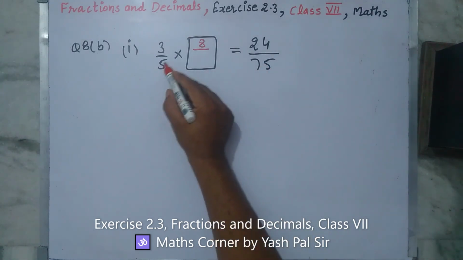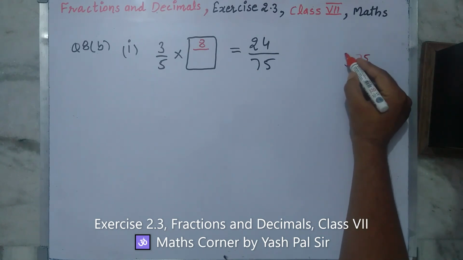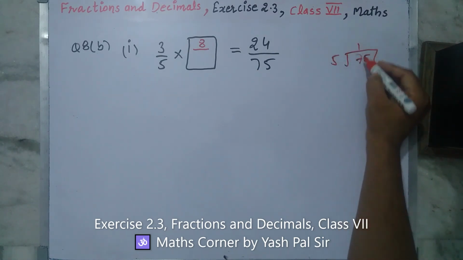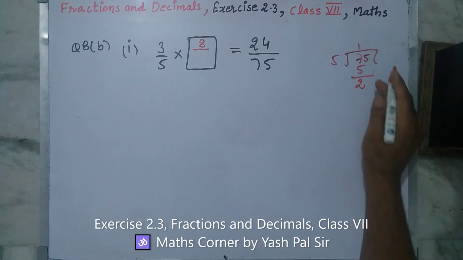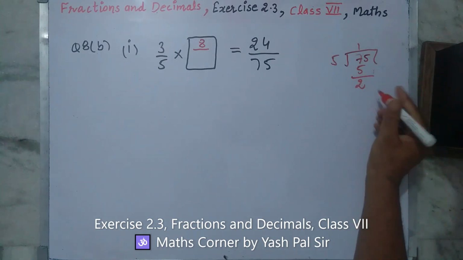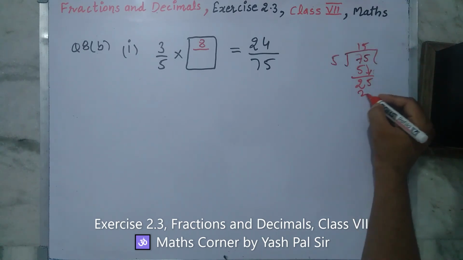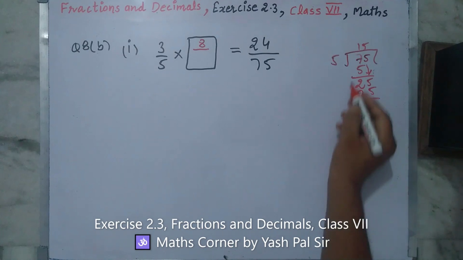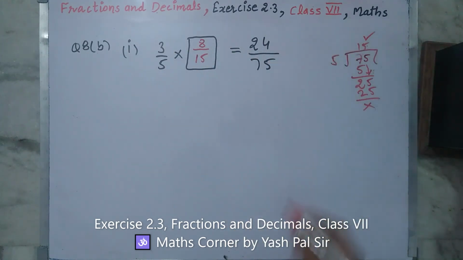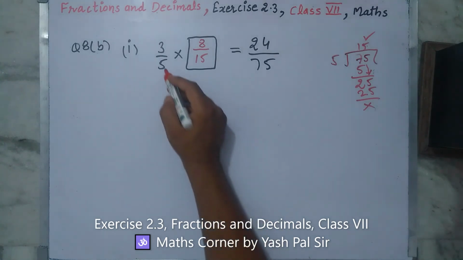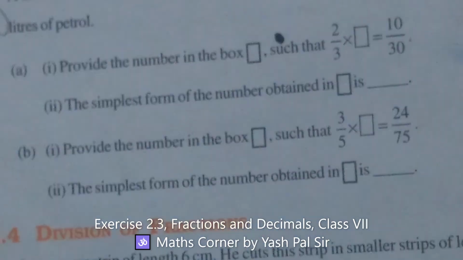Similarly, here how to find 75? We can divide 75 by 5. 5 ones are 5. 7 minus 5, 2. Next number is 5. 5 fives are 25. This way we can multiply by 15. 5 into 15, 75.